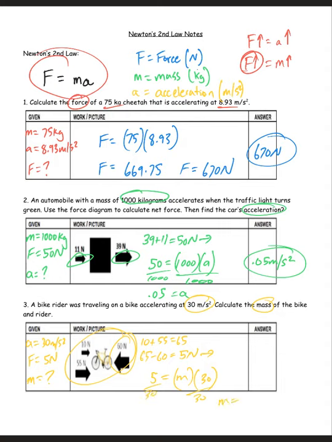So 5 divided by 30, and we get 0.166. And our base unit for mass is kilograms, and so my answer will be 0.166 kg, or kilograms. So that is an example solving for each of the variables in our F equals ma equation and Newton's second law.